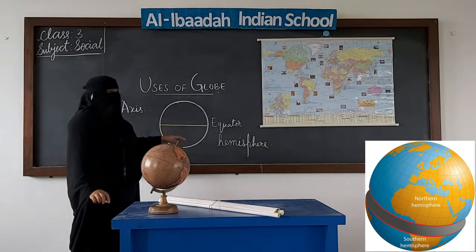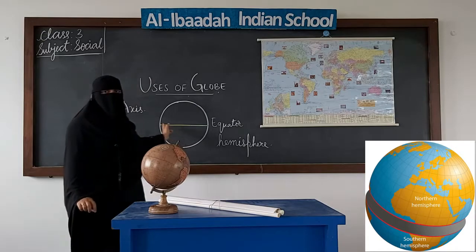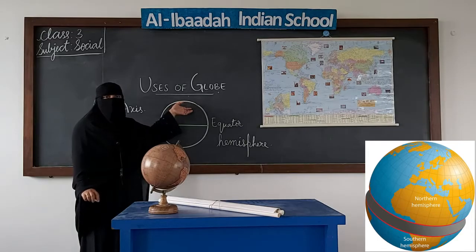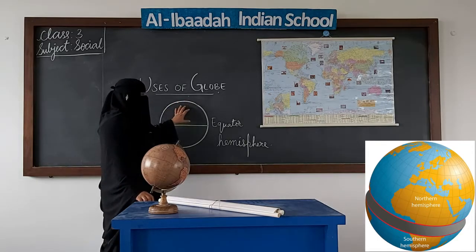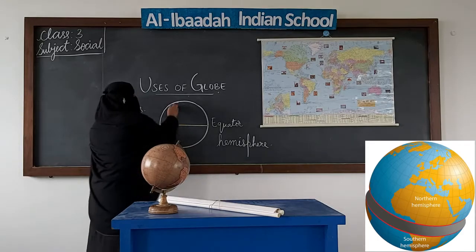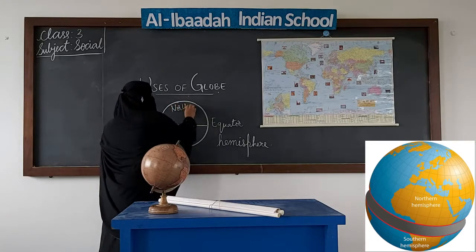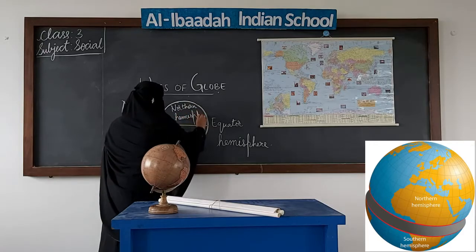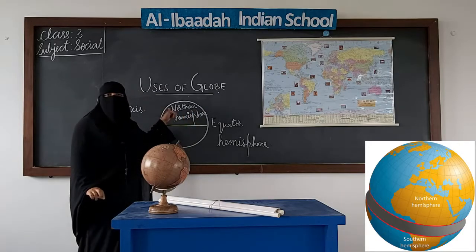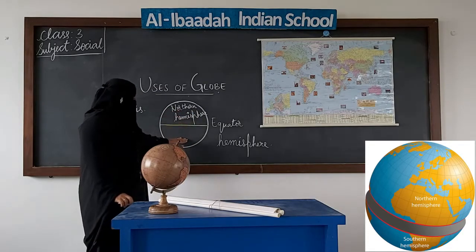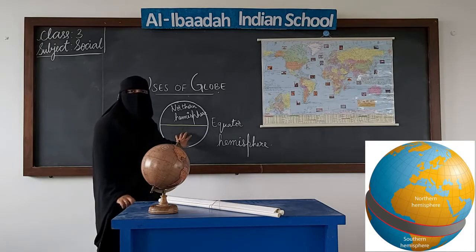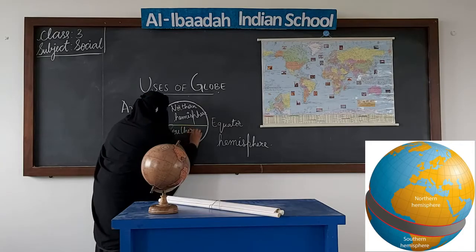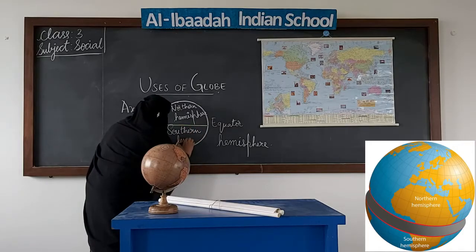The part which is in the northern side of the earth is called as northern hemisphere, and the part which we have in the south is called as southern hemisphere.